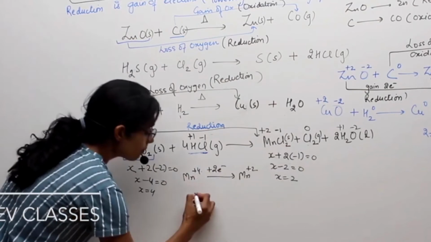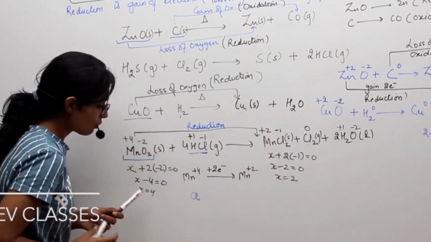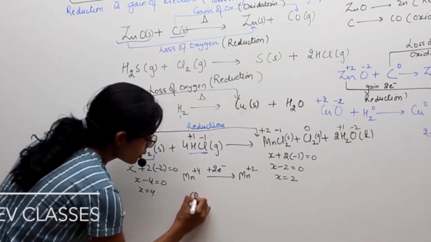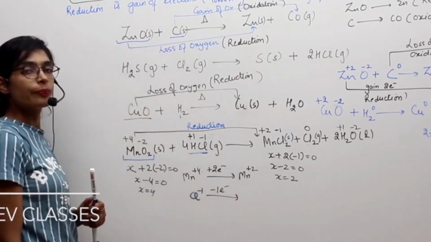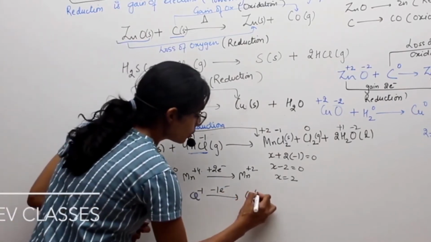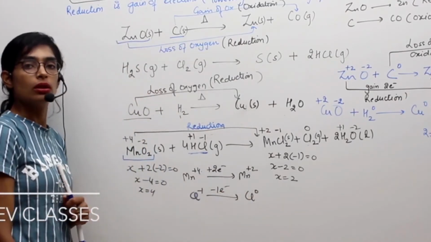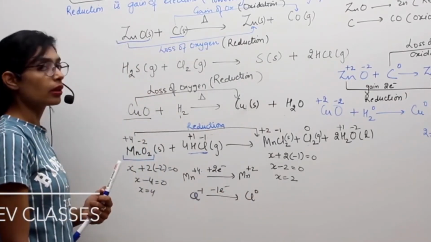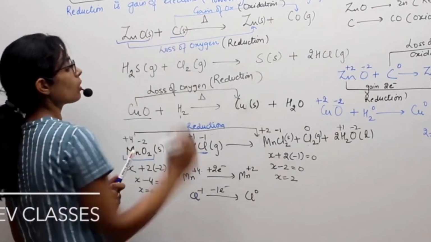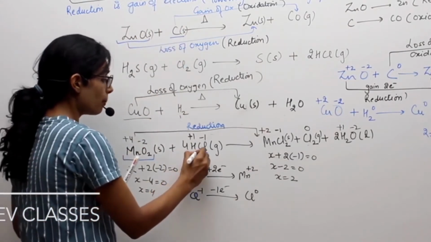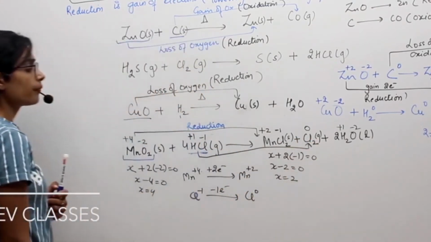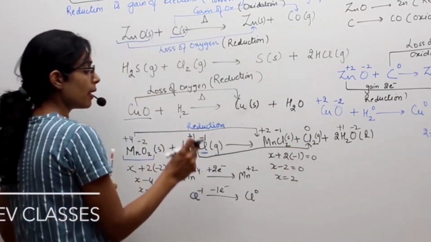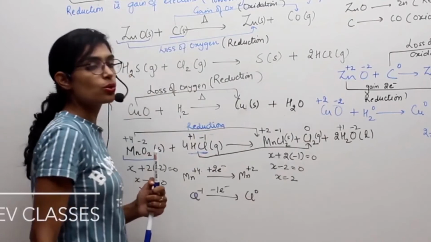So that means from Cl minus 1, it has lost 1 electron and became Cl0. Loss of electron is happening, correct? The loss of electron is what? Oxidation.